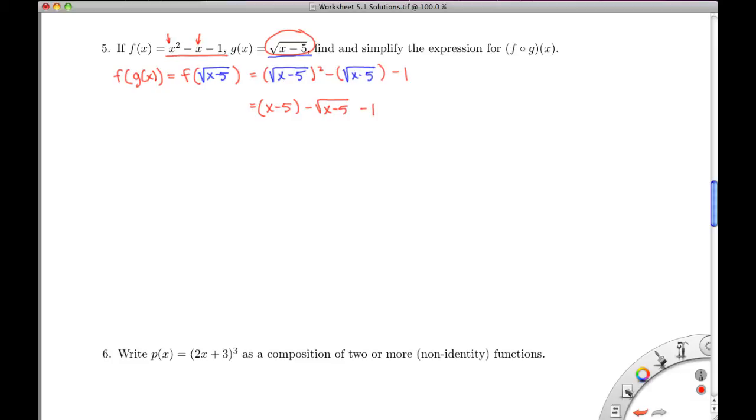So really the only thing that we can do here is combine these two constant terms, minus 5 and minus 1. So what we'd end up with is x minus 6 minus the square root of x minus 5. And then this would be our composite function. Not pretty, but this is what we would use if we ever needed to evaluate the composite of these two.